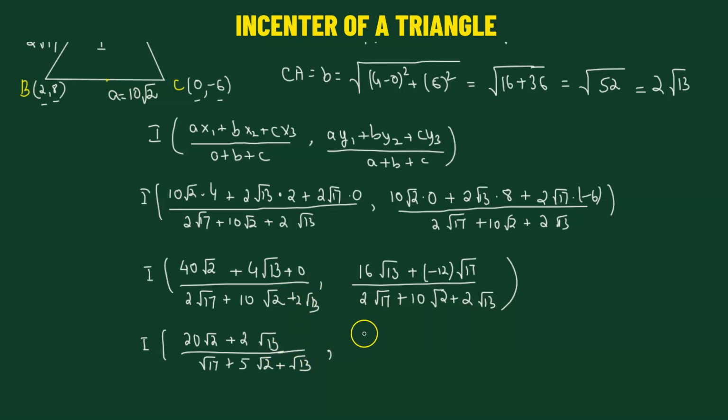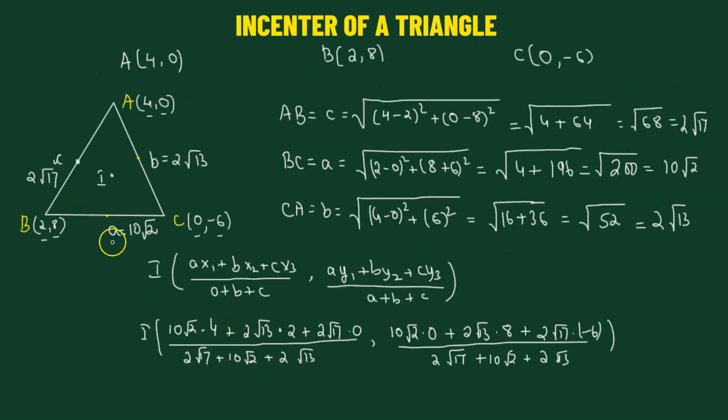And the Y coordinate will be, we're going to factor out 2 from the numerator and the denominator. So we have 2 times 8 times square root of 13 minus 6 times square root of 17 divided by square root of 17 plus 5 times square root of 2 plus square root of 13. So this is going to be the coordinate of the incenter of the triangle. And here we were provided with the coordinates of the midpoints of the sides of the particular triangle.